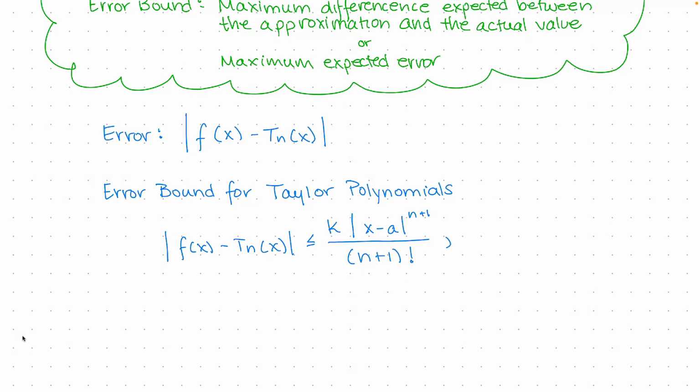But I have to define a few things. To tell you what the heck is k, where k is the max value of the n plus 1th derivative evaluated at u. Not me, you. Ha ha. Well, what the heck is u?